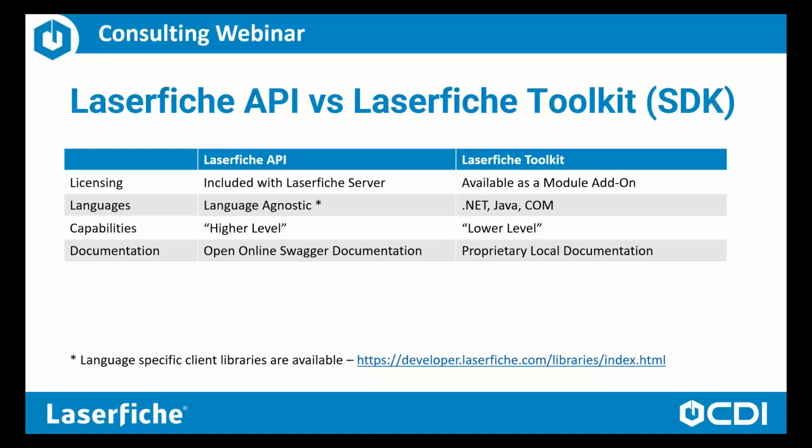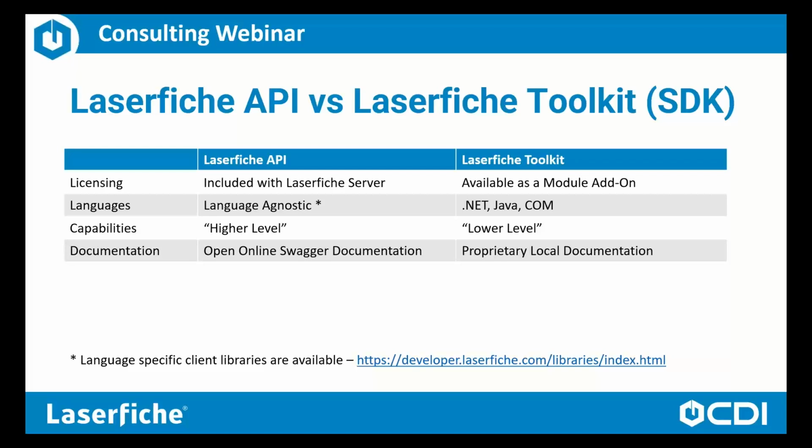If you are licensed to have a Laserfiche repository, you are licensed for the Laserfiche API. The Laserfiche Toolkit, or SDK, is available separately as a module add-on. If you would like to purchase the Laserfiche SDK or learn more about it, please reach out to your Laserfiche account manager, and they will be happy to assist.